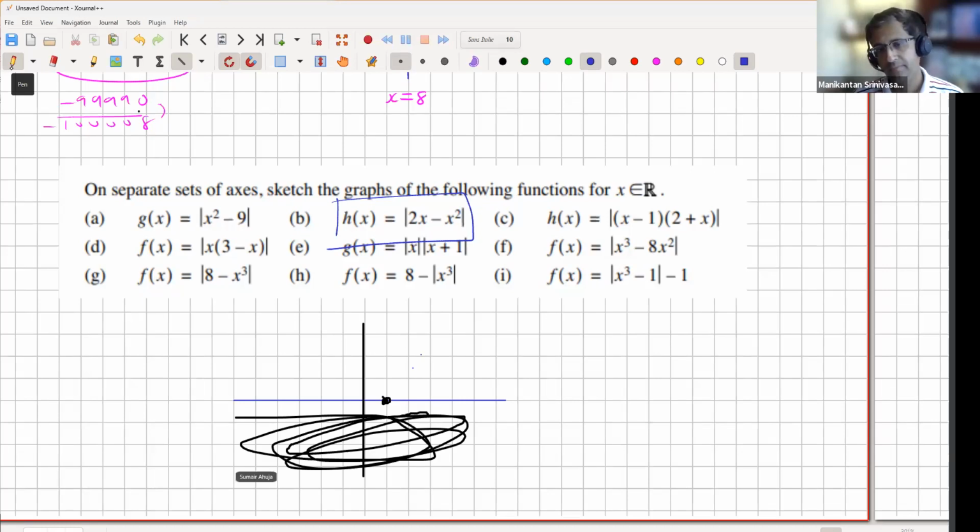Correct. You're right. But x could be any value, right? Correct. Is there only one x-intercept? You tell me. There should be one on the negative side.